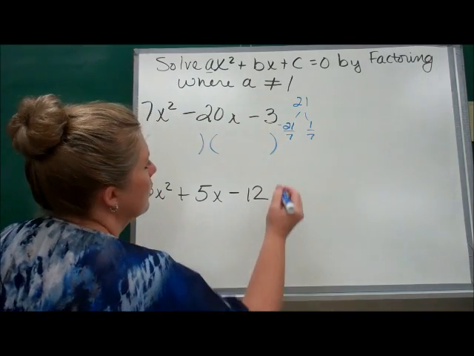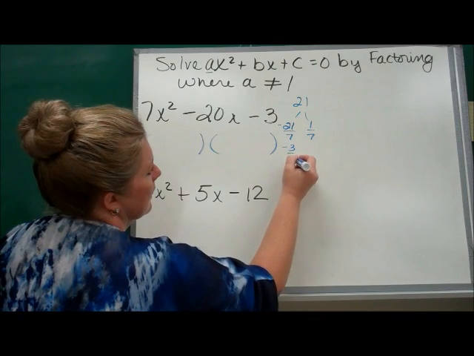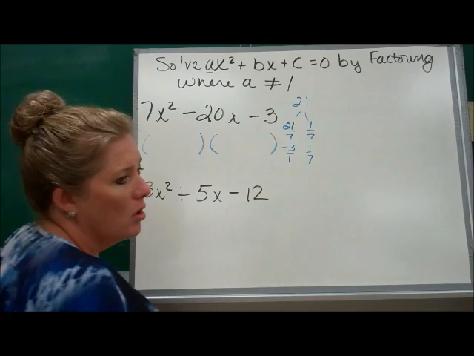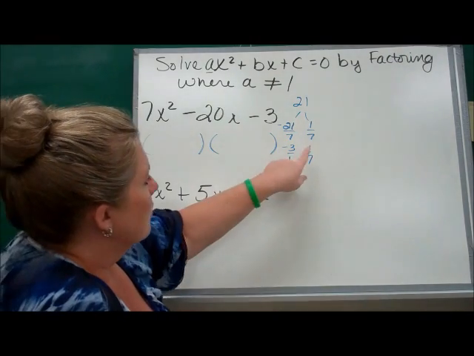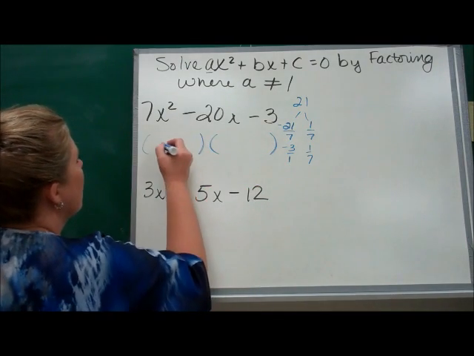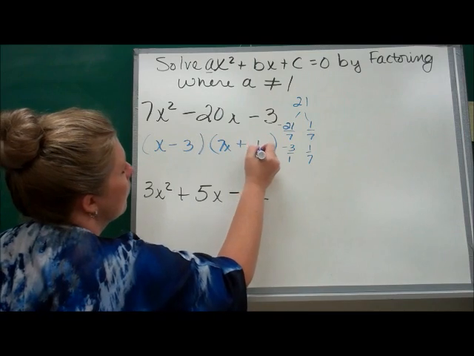So 7 goes into negative 21 negative 3 times, that's going to be 3 over 1. This is going to stay 1 over 7. Well, guess what? These are going to be your factors. Your x is going to go with the denominator. So we've got x minus 3 and 7x plus 1.